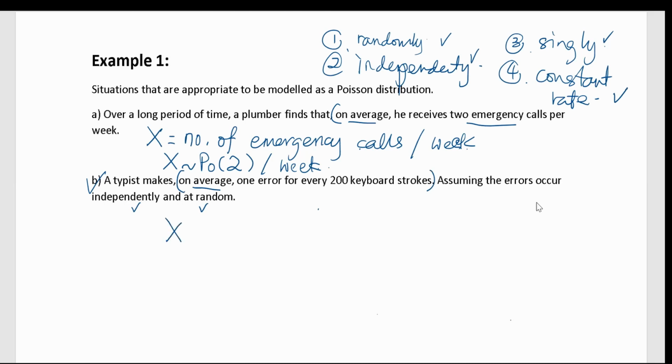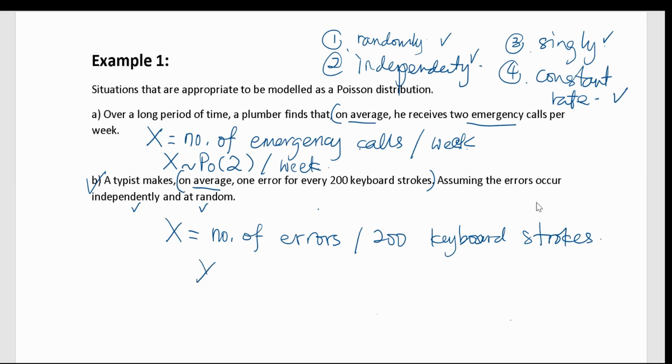So X should be the number of errors per 200 keyboard strokes. Hence X is said to have a Poisson distribution with a mean of 1 for 200 keyboard strokes.